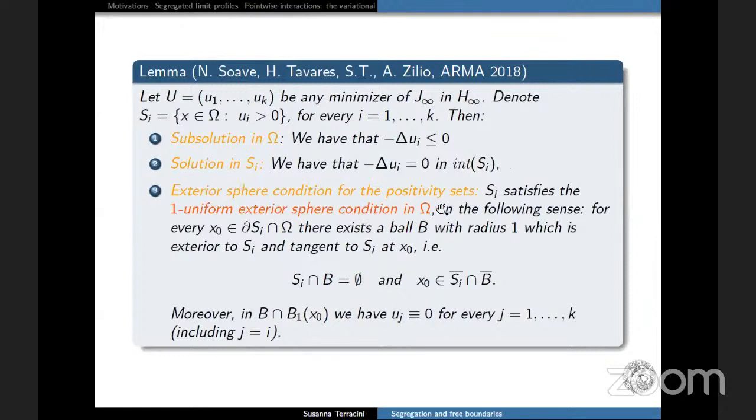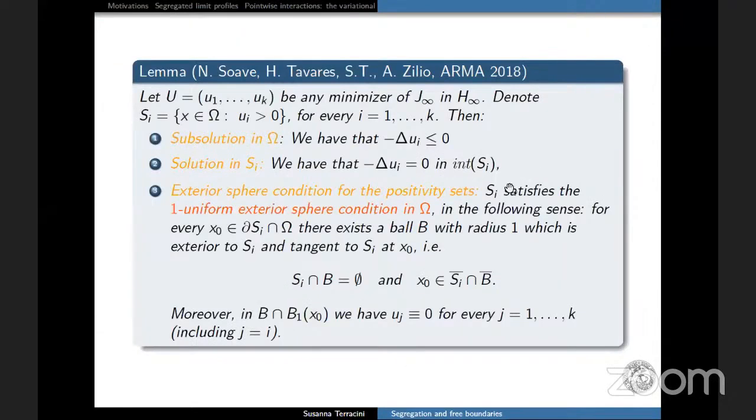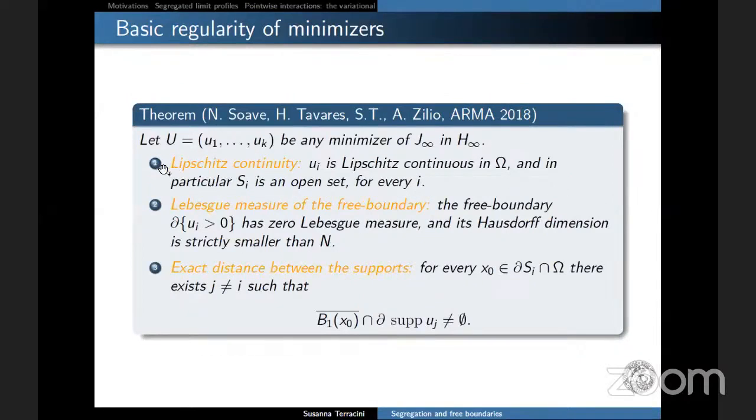The positivity sets, mainly by definition, satisfy a uniform exterior sphere condition in an appropriate sense, and this has a nice consequence, because each component, thanks to this uniform exterior sphere condition, is Lipschitz continuous, so they are in fact continuous functions. And the positivity sets are open.